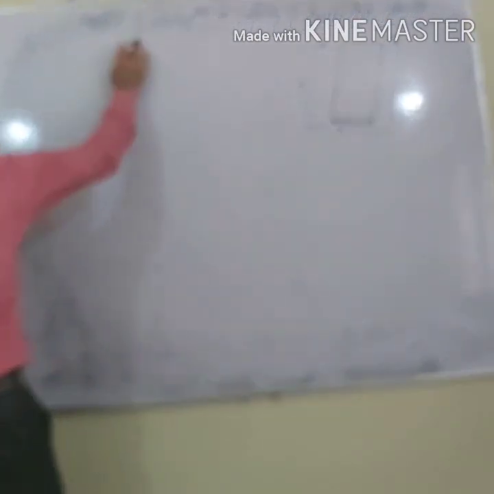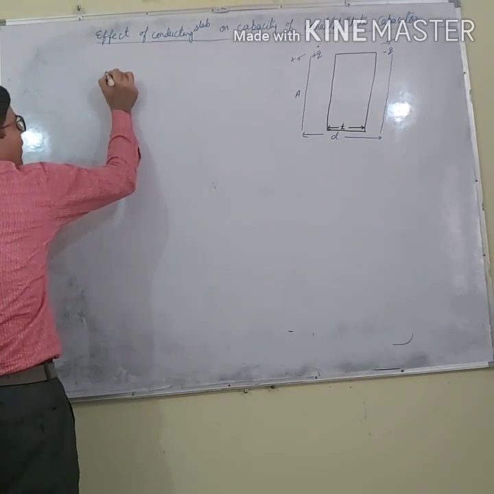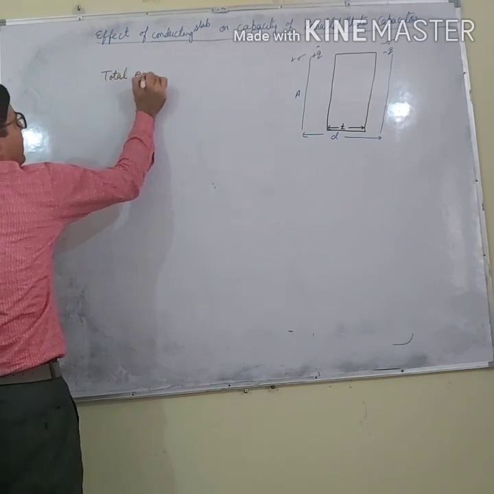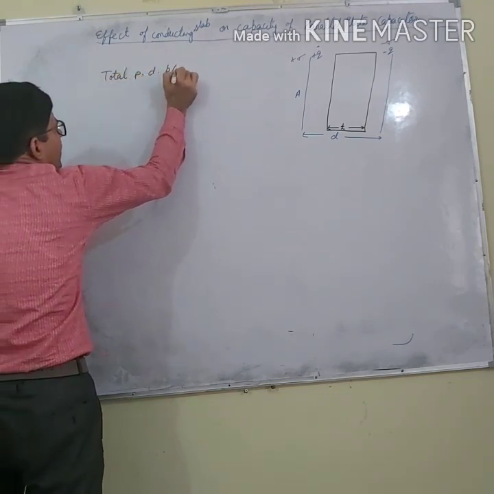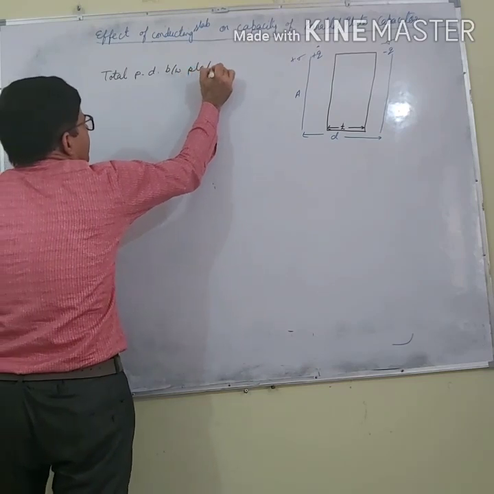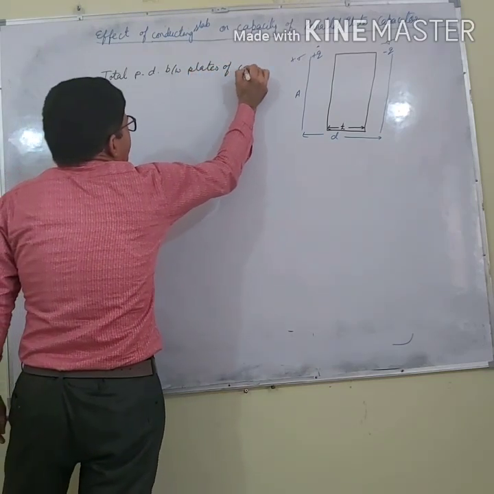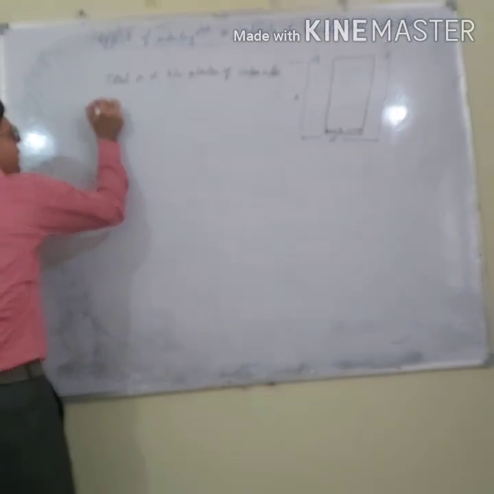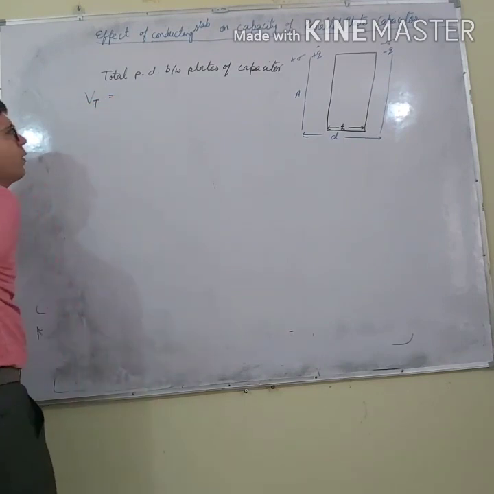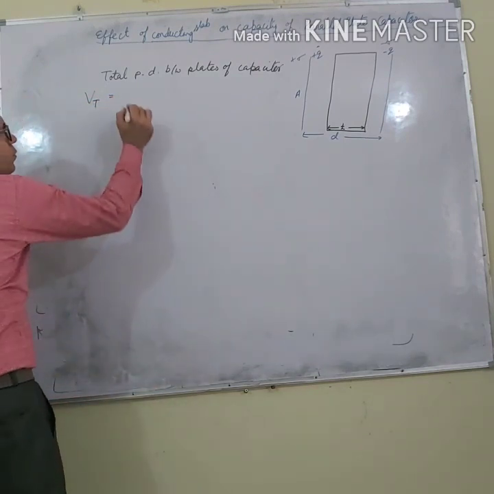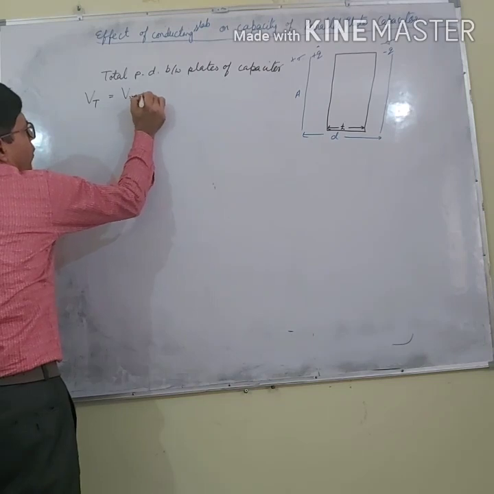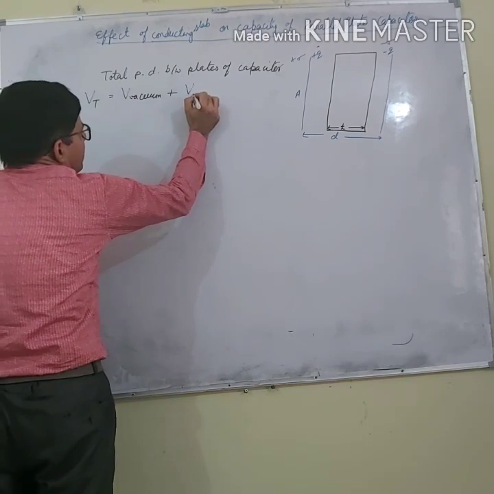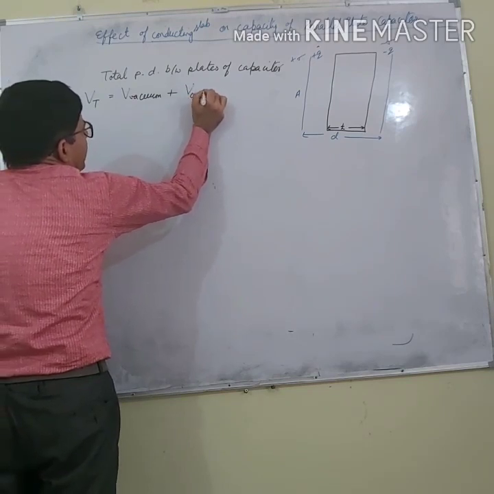Now, what will be the total potential difference between the plates of the capacitor? Let us say this is Vt. It equals the potential difference for vacuum plus the potential difference for the conducting slab.